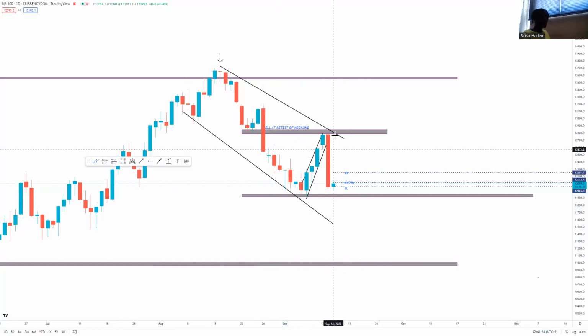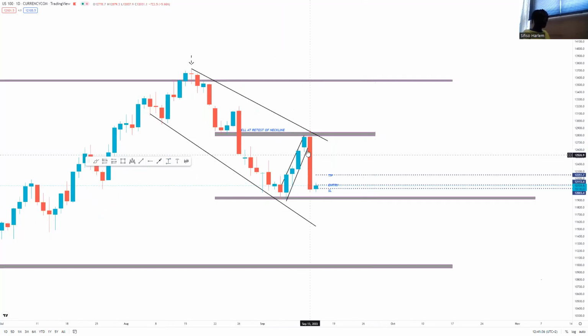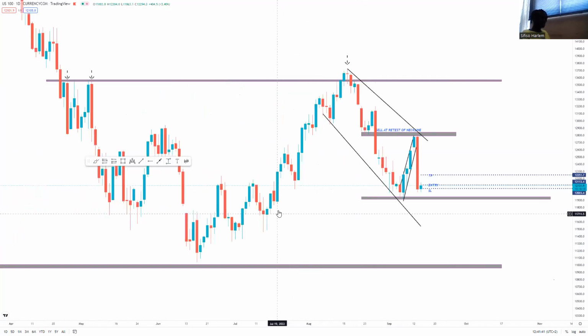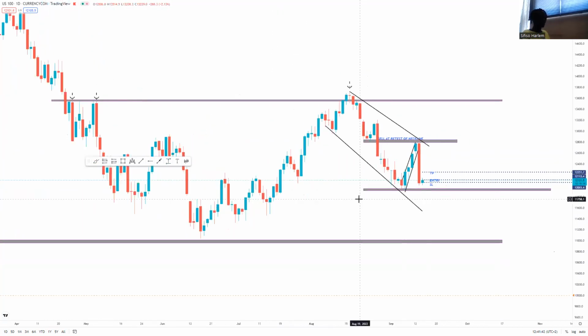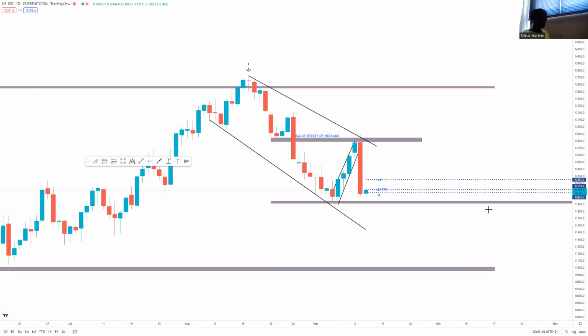On the daily time frame, you can tell what kind of candlestick we had yesterday. It was an 867 move to the downside. With such candlesticks, we might expect a pullback for continuation to the downside, but it's not something that always occurs.